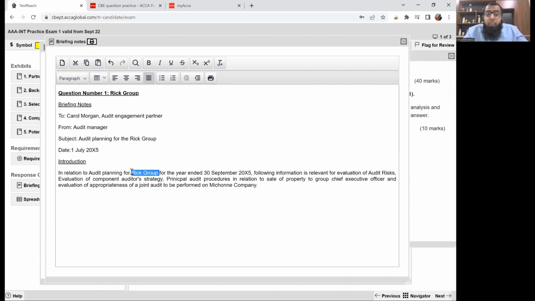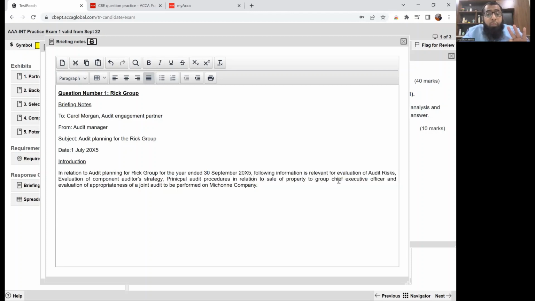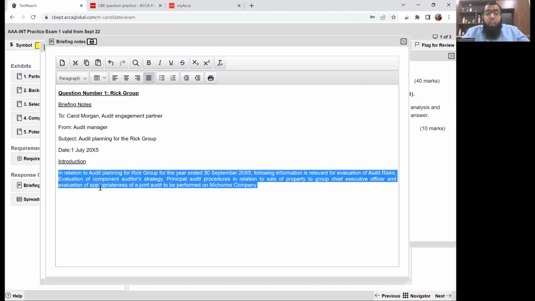You just have to change the name of the company, change the year end every time, and pick up the keywords from every requirement: evaluation of audit risk, evaluation of component auditor strategy, principal audit procedures in relation to sale of property to Group Chief Executive Officer, and evaluation of appropriateness of a joint audit to be performed on Mikon company.